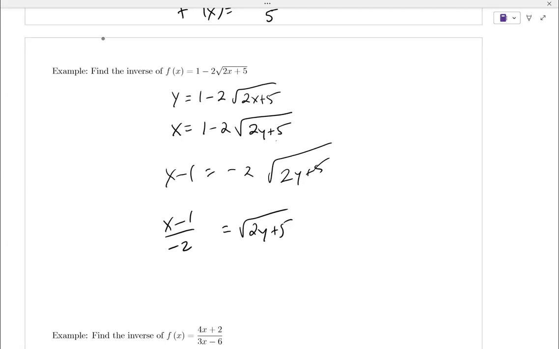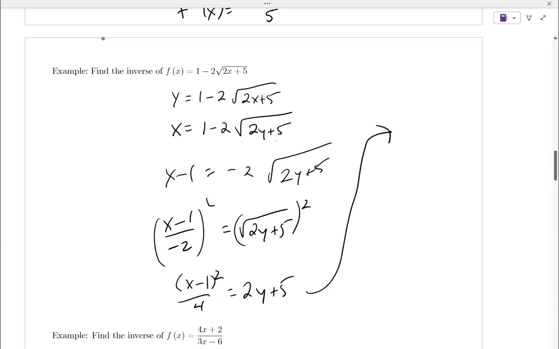Yeah, square both sides. Good. So now we have x minus 1 quantity squared over 4. I just went ahead and squared the negative 2 as well. Equals 2y plus 5. Then subtract 5.